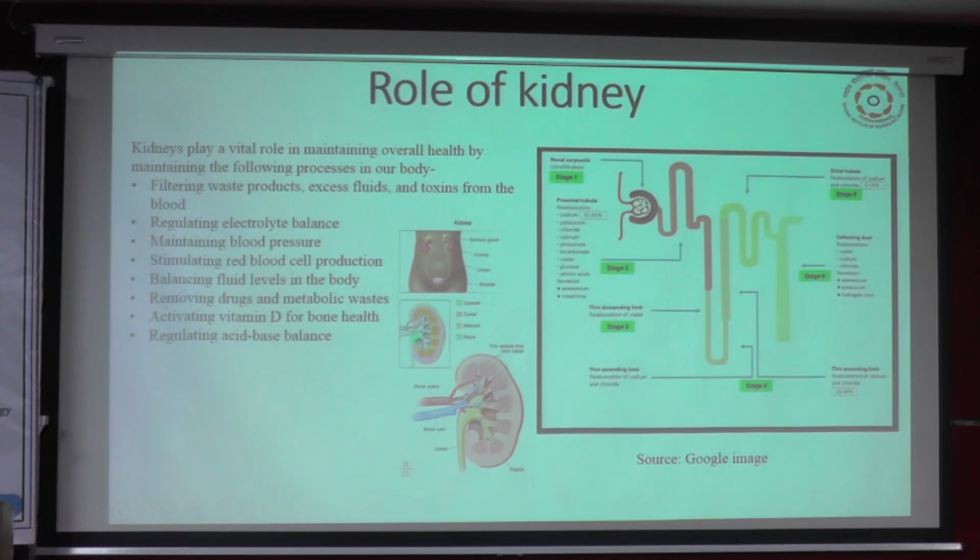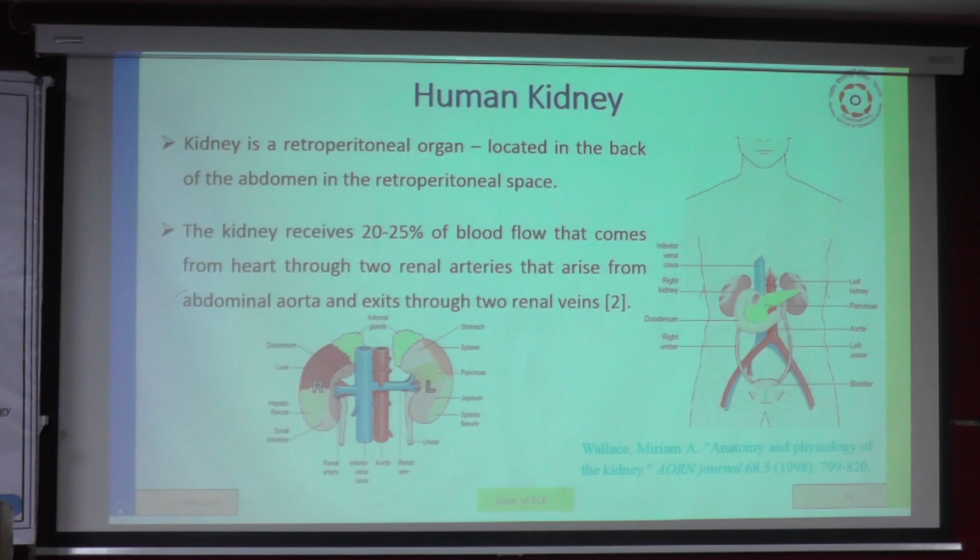If any one of them is not maintained properly, you need to go to the doctor and take the proper medicine. That's why the kidney performs the most complex functions of the human organs, and it is a very, very important organ.